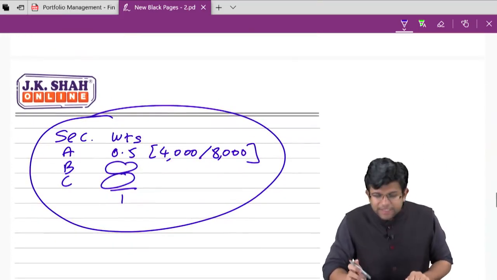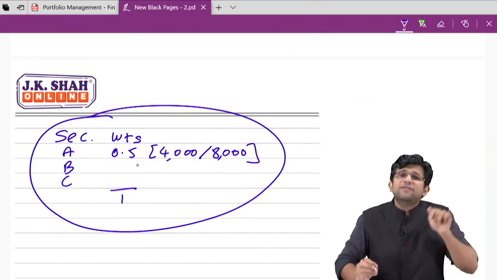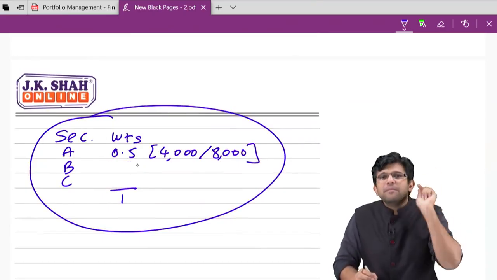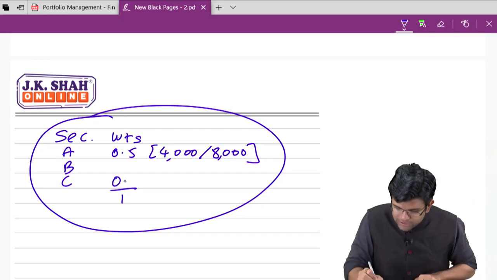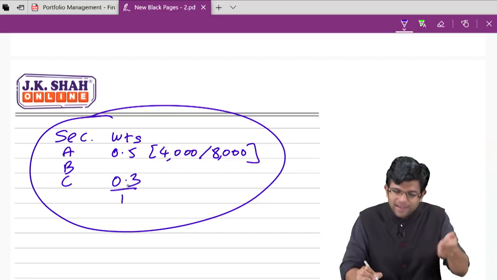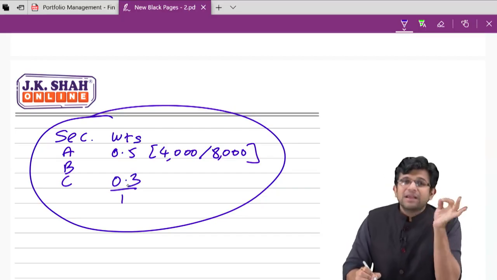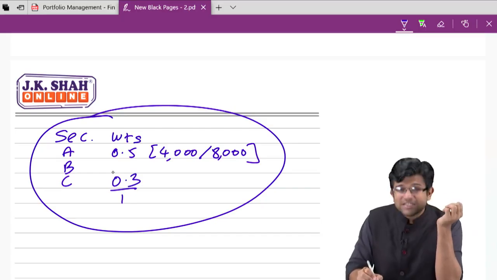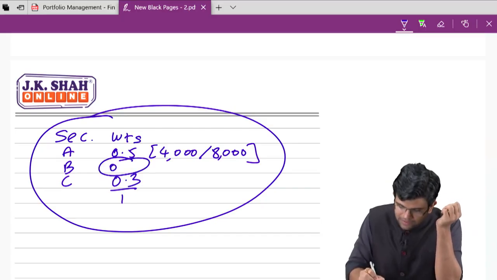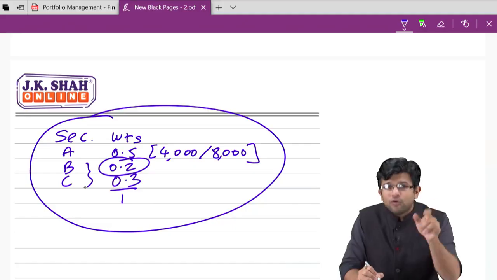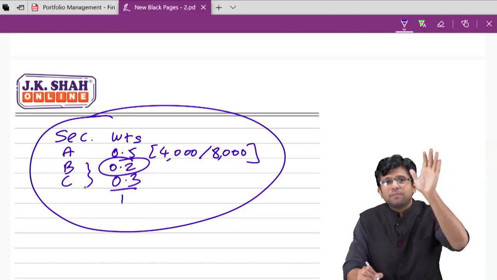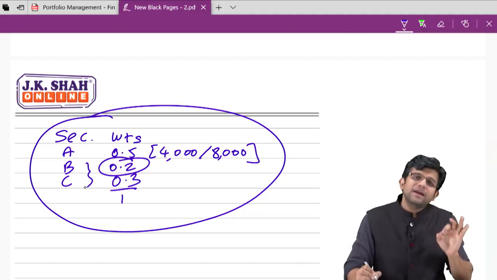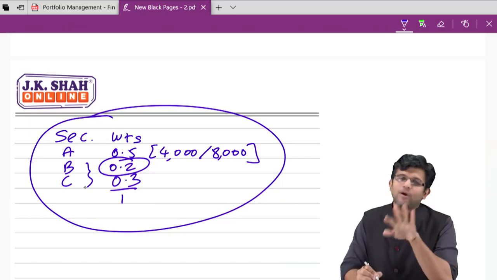So in this new portfolio also, if it has to lie on the minimum variance set, C's weight should be 0.3. Therefore, the balancing figure of security B's weight will be 0.2. The balance should be allocated between B and C in the weights of 0.2 and 0.3.